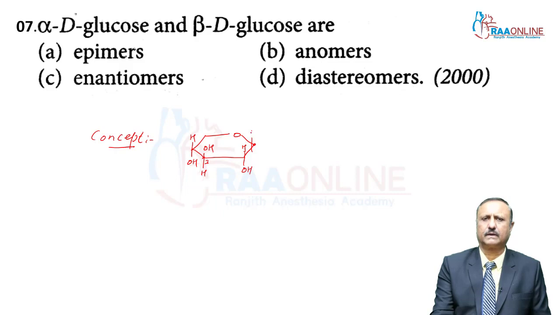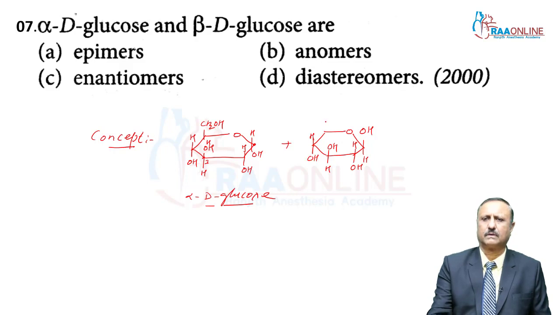When the OH group is present on the lower side, it is called alpha D glucose. And what is beta D glucose? You can form the structure this way: the OH group is present on the upper side, here H and OH, here OH and H, here H and OH, here H and CH2OH. This is called beta D glucose.